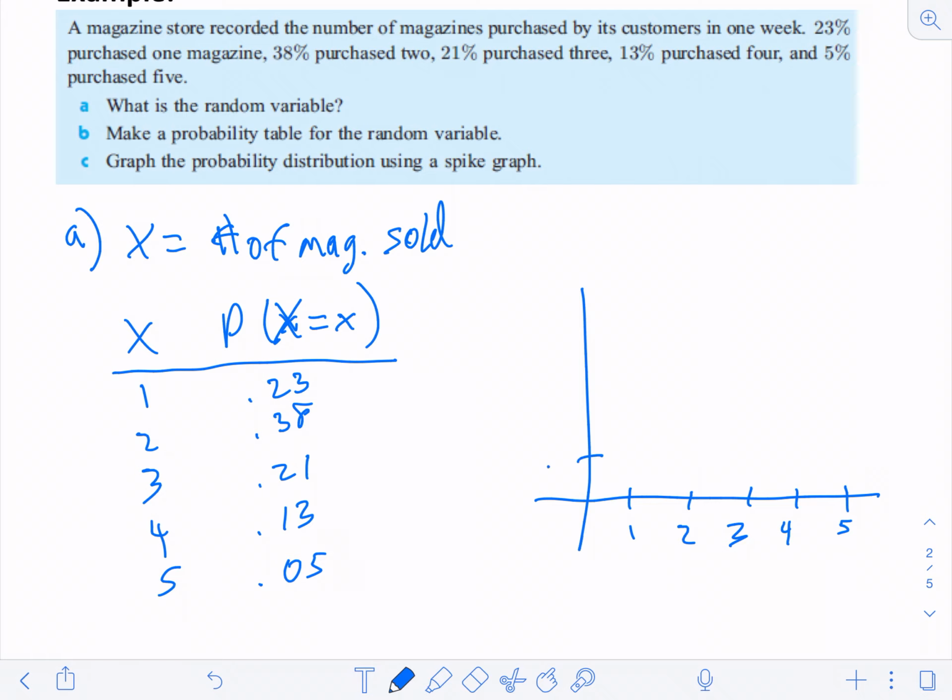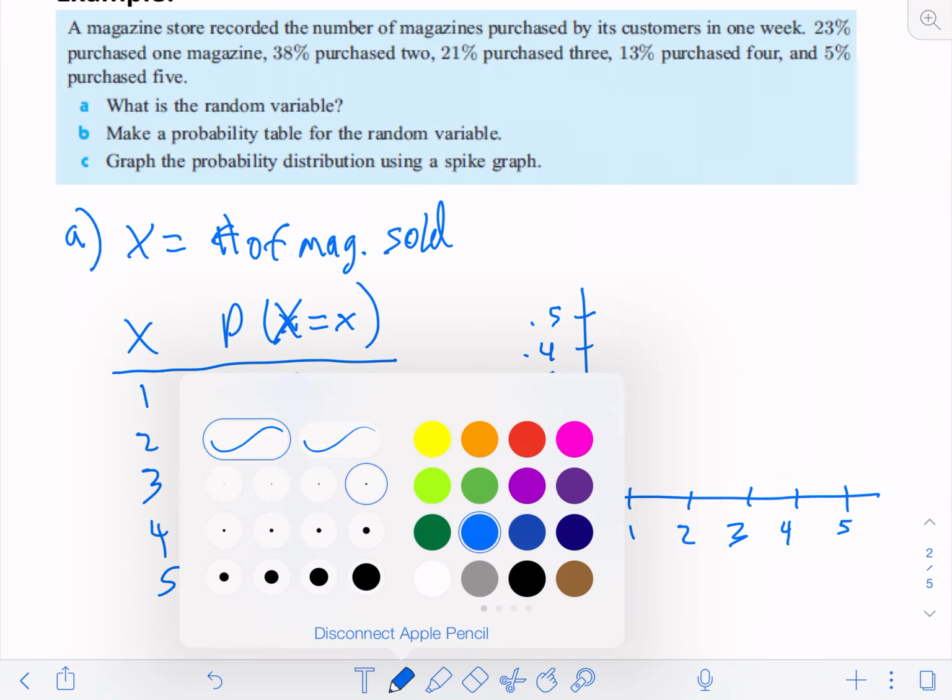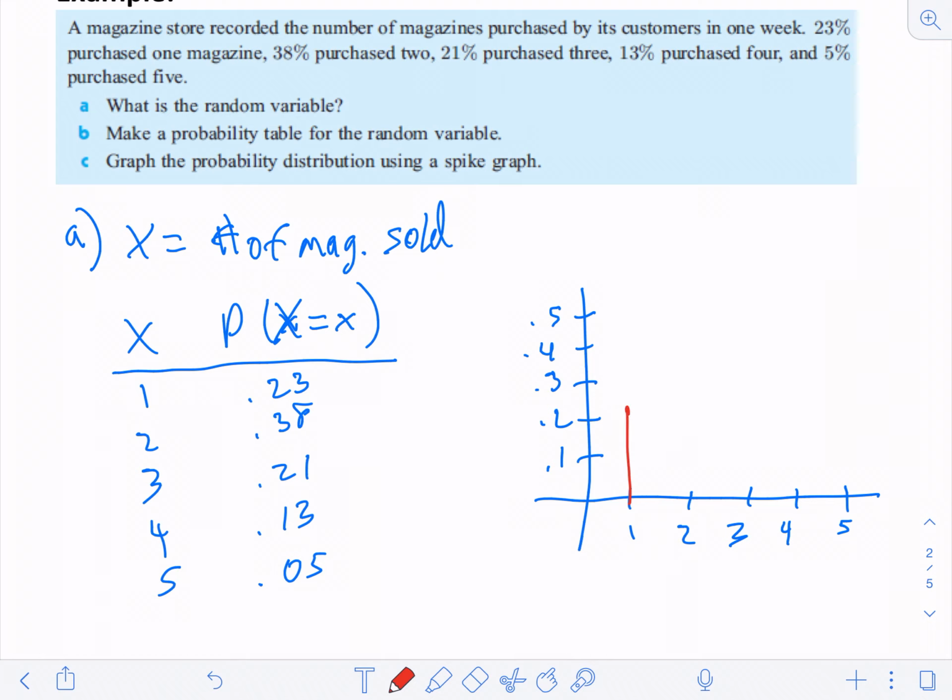I'm just going to do a range here, 0.1, 0.2, 0.3, 0.4, 0.5. I guess we don't need to go that high. So 1 is going to be 0.23, so that's a line up to about here. Let's do it in a different color to make it nice. 0.23 is about right there. 0.38 is about right there, almost to 4. 0.21 is right around there.